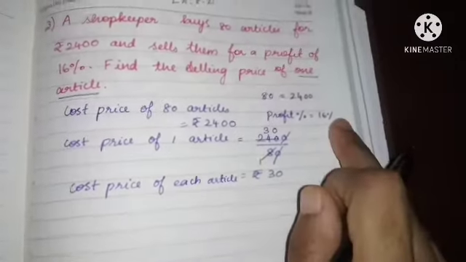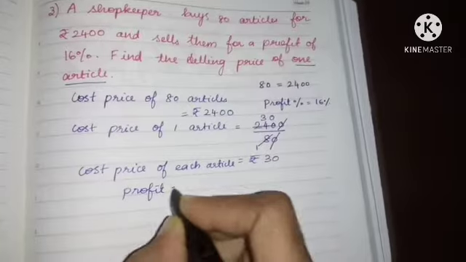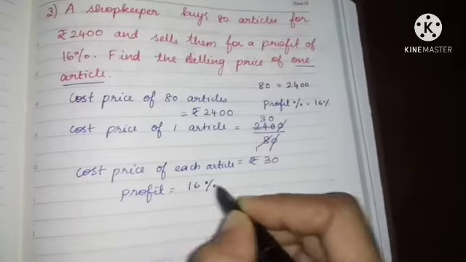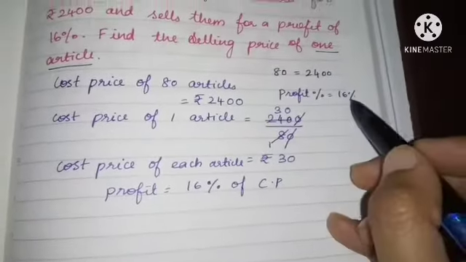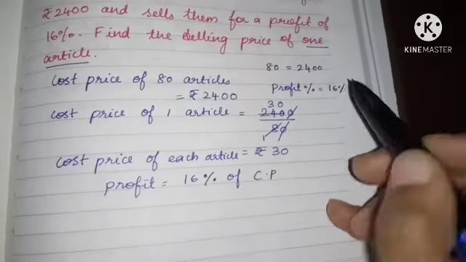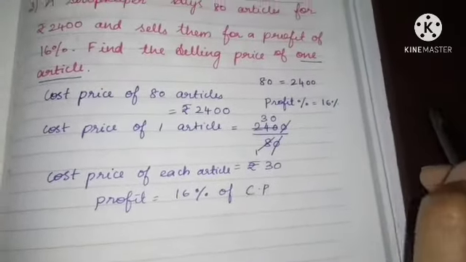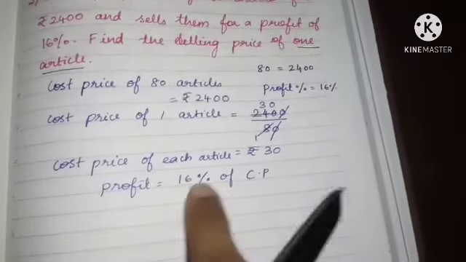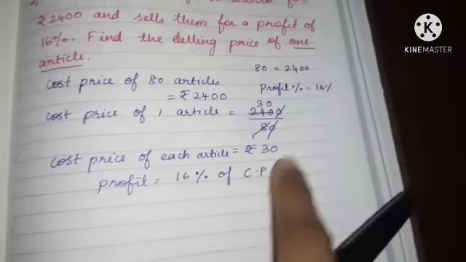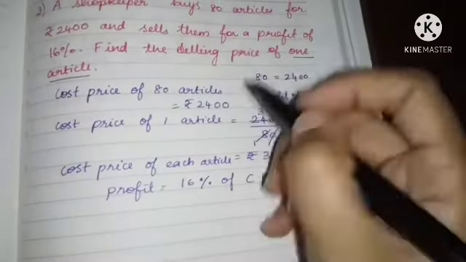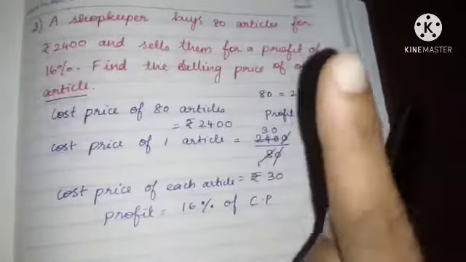Profit percentage they have given. So obviously profit will be 16% of cost price, because they have given you the profit percentage. We should find the profit from this profit percentage. We don't want to take the cost price of 80 articles, because they asked only the selling price of one article.